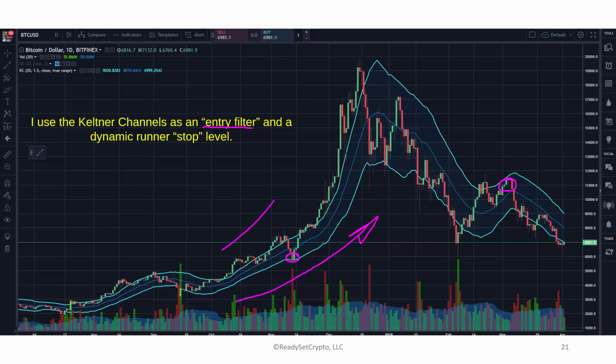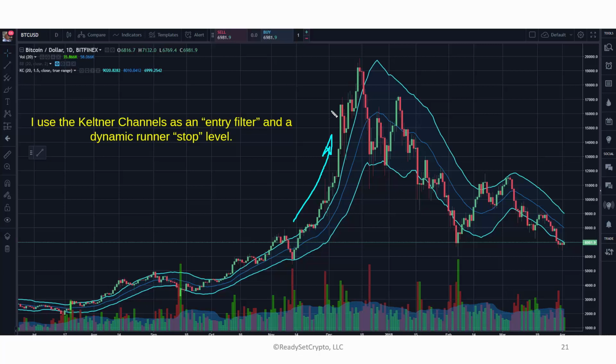Now, what I will also do with the Keltner channel is I will sometimes display these on my charts with shorter time frame trades, and I will use this as a dynamic stop level. If the price is heading to the upside like this, you want to capture as much of that value as possible.